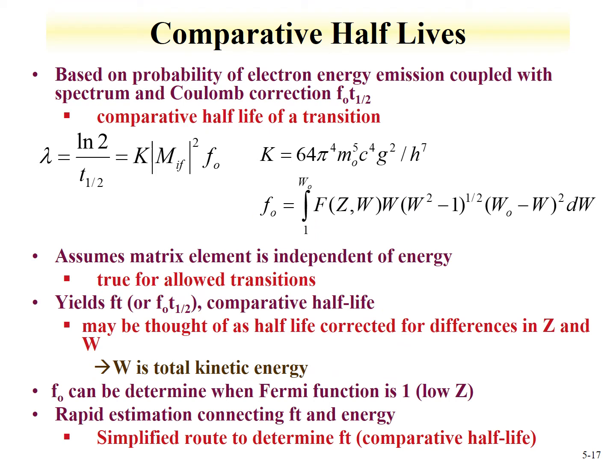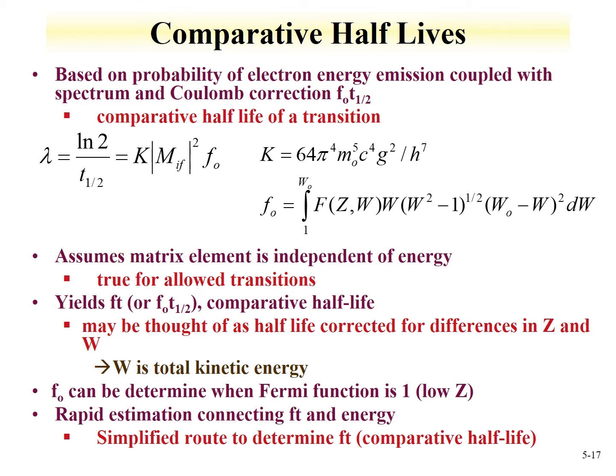We can use this information to develop something called comparative half-lives. This is based upon the probability of an electron energy emission coupled with the spectrum and Coulomb correction. And we're going to call this ft, or f naught t 1/2. This is basically a comparative half-life for a transition, where the decay constant is equal to log 2 divided by t 1/2, which is equal to K, our matrix element, and this f term.